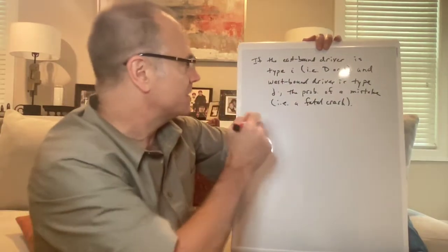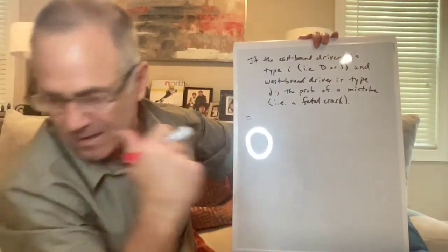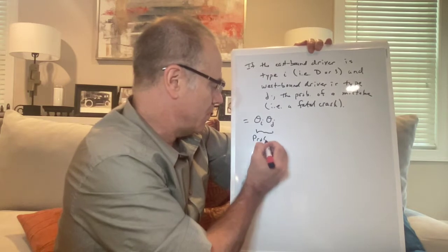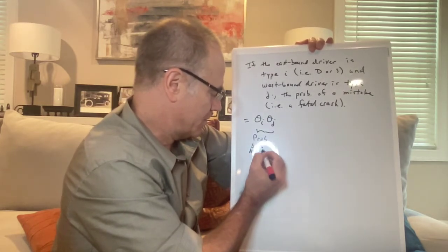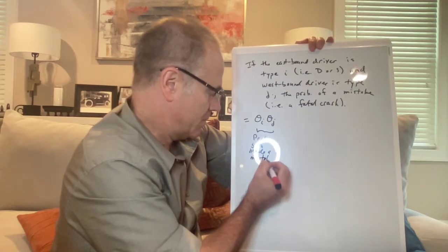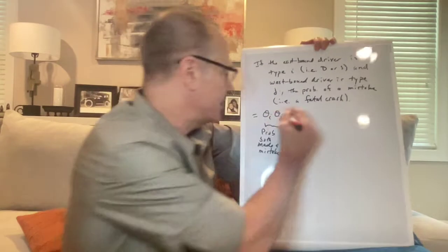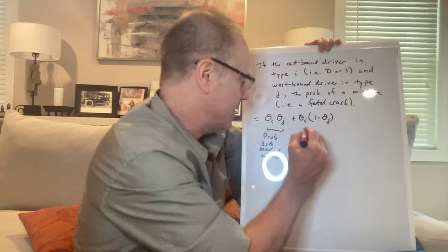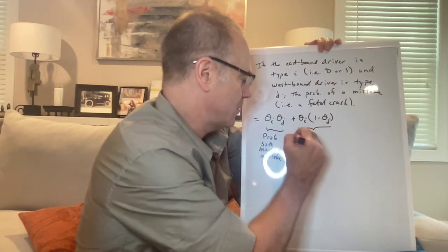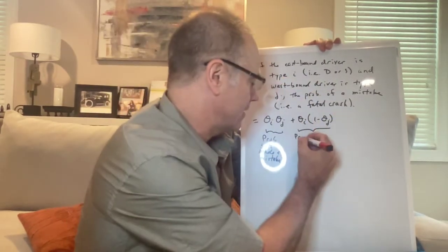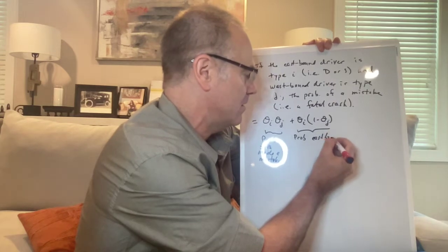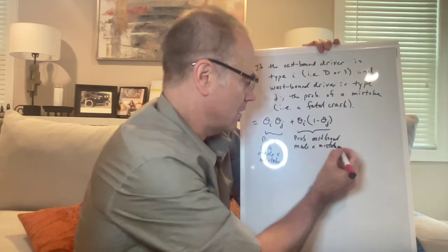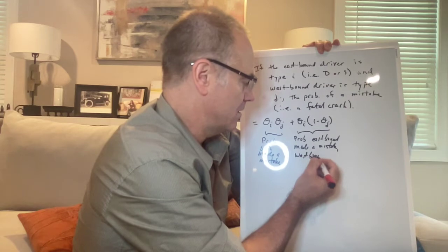So for the eastbound driver, the probability of mistake equals the probability that both made a mistake, so that's one way you can get a fatal crash, plus theta I times 1 minus theta j, and this is the probability eastbound made a mistake, westbound didn't.